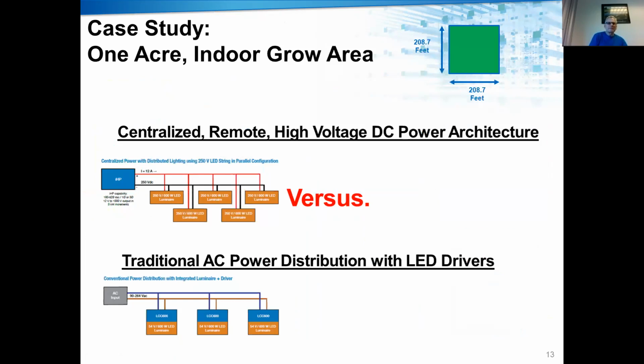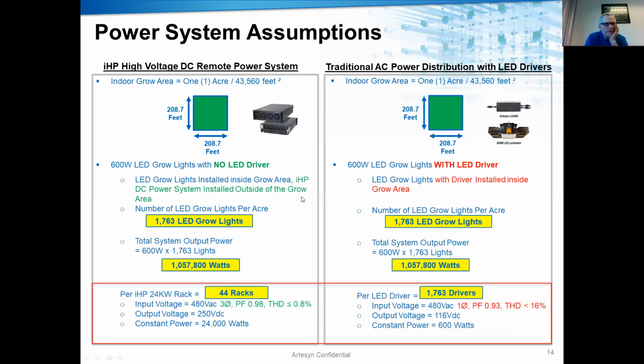And this is a case study based on an acre. That's going to be based on the centralized remote, basically an electrical closet, versus your traditional driver for every LED. Okay, so we're talking about 1 acre.